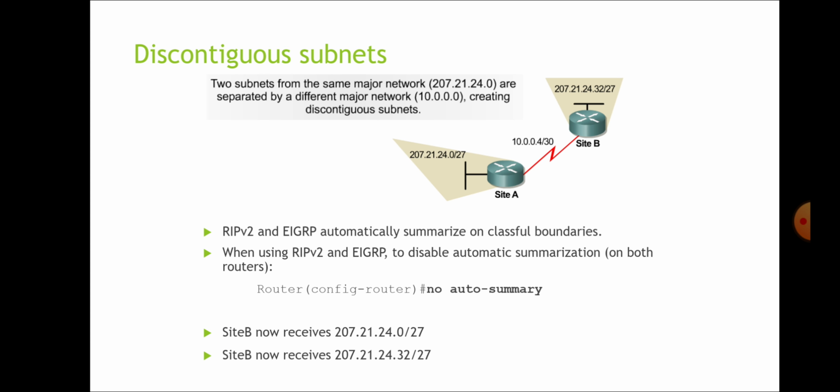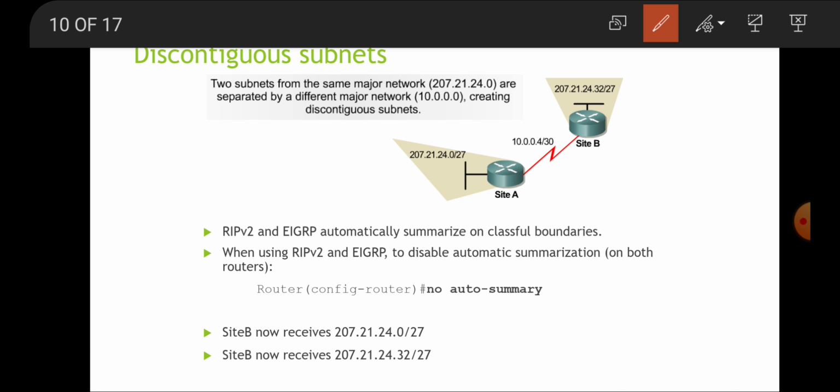RIP version 2 and EIGRP automatically summarize on classful boundaries, so when using RIP version 2 and EIGRP, disable automatic summarization on both the routers. You can use the command in router configuration mode: no auto-summary.